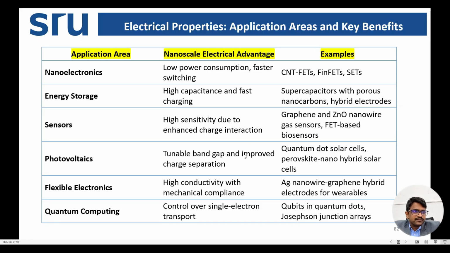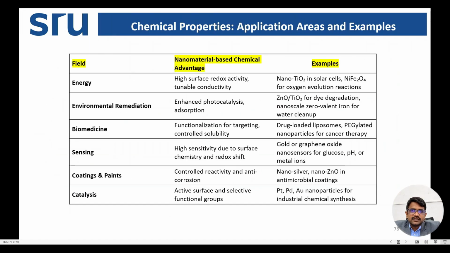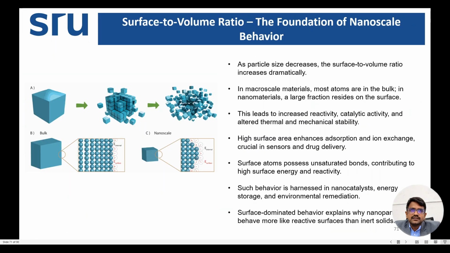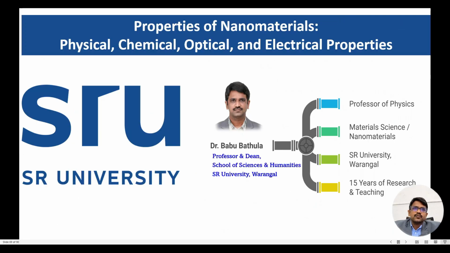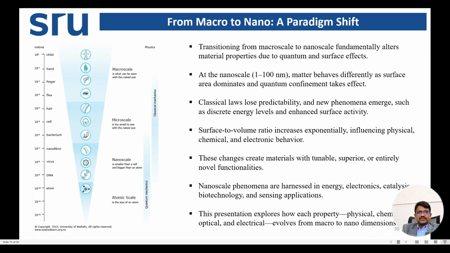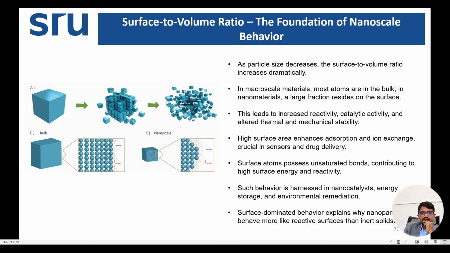Okay, so in this session, we have seen the properties of nanomaterials, particularly physical properties, chemical properties, optical properties, and electrical properties. Okay, so this is about macro to nano. This is about surface to volume ratio.